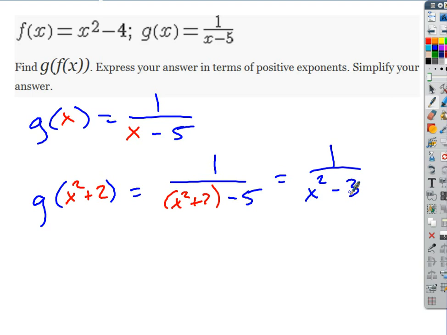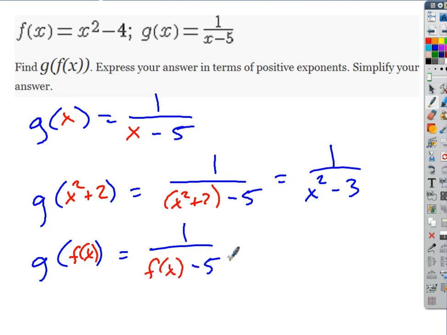So then what is g of f of x? A composition. We're going to put f of x in. So it's just equal to 1 over f of x minus 5.